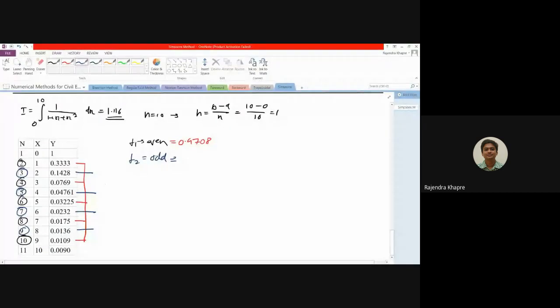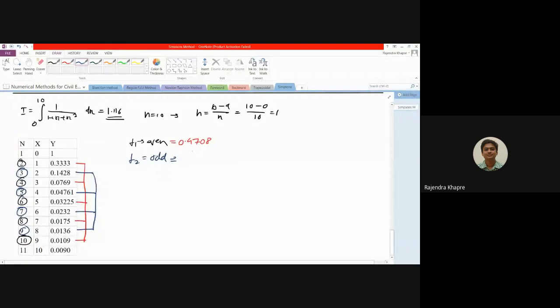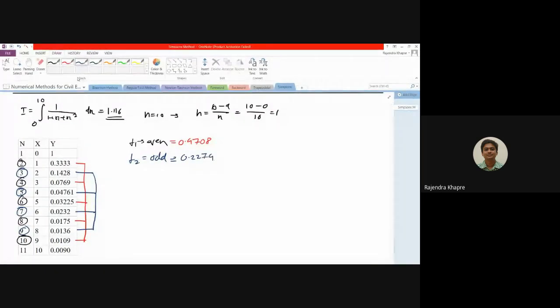So there will be a summation of these 4 values. How much is it coming to? Roughly around 0.2. 0.2274.